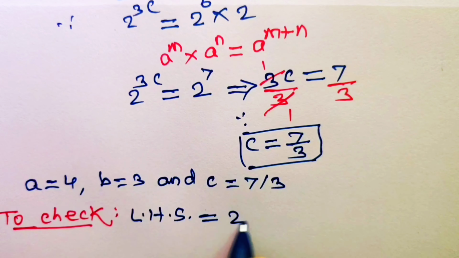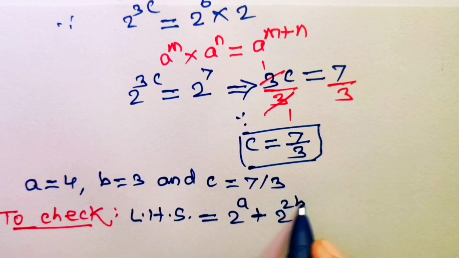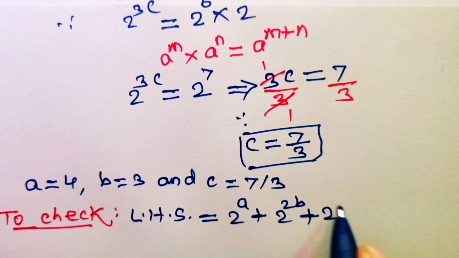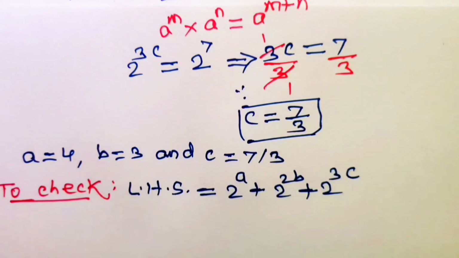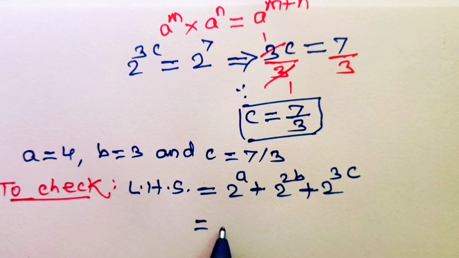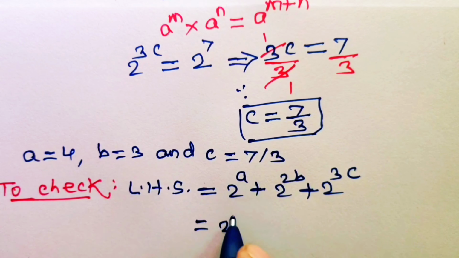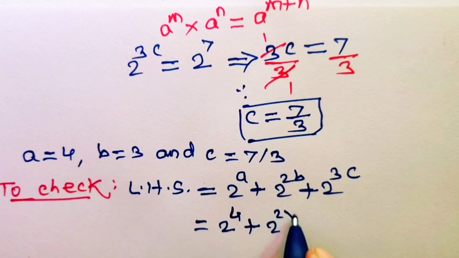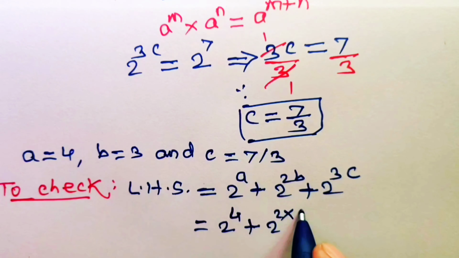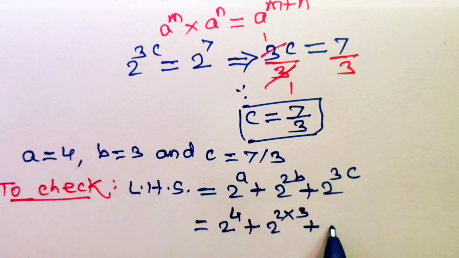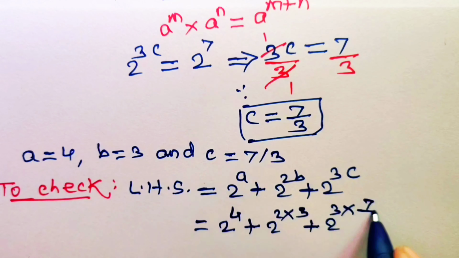2 to the power a plus 2 to the power 2b plus 2 to the power 3c. Hence, this is equal to 2 to the power a, a is replaced by 4, plus 2 to the power 2 into b, b is replaced by 3, plus 2 to the power 3 into c, c is 7 upon 3.